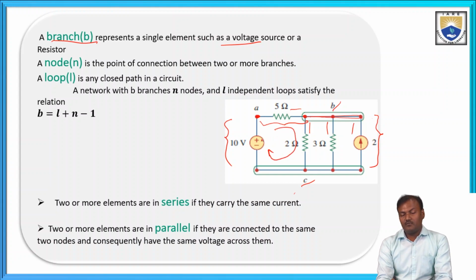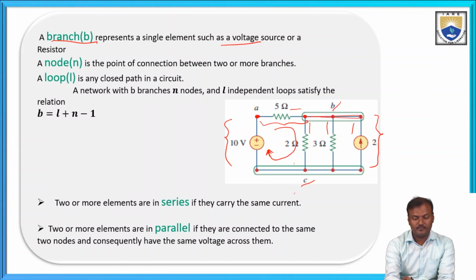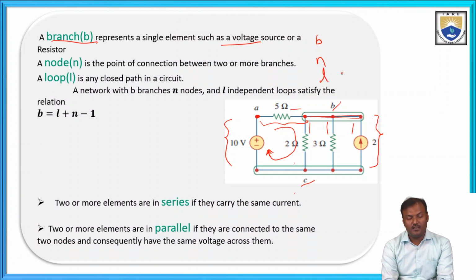We start from the 10 volt source, the next element is 5 ohms and then 2 ohms, and we return back to the 10 volts with negative polarity. So it is a loop. B is the number of branches, N is nodes, and L is loops, and there is a relation between these three: B is equal to L plus N minus 1.